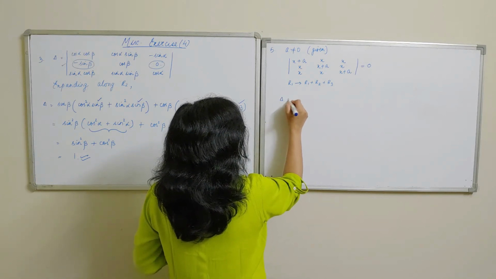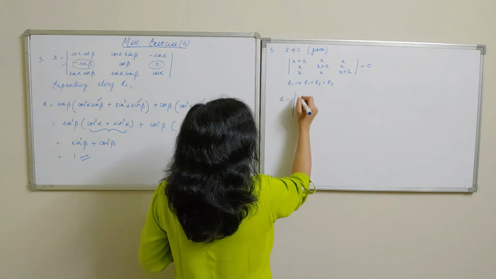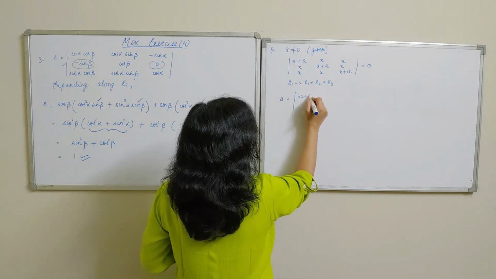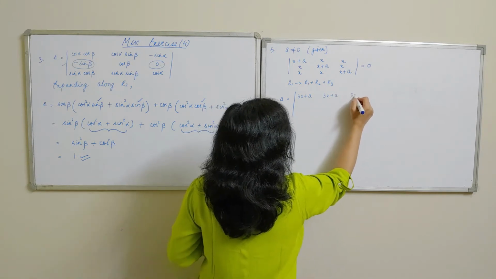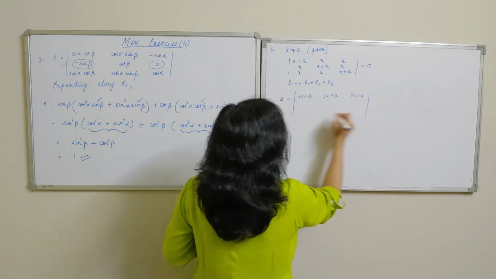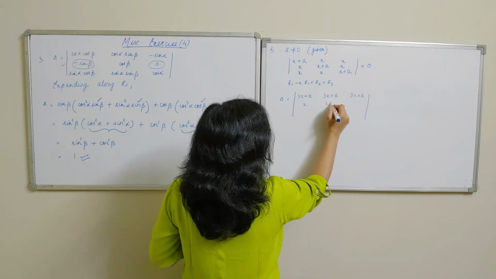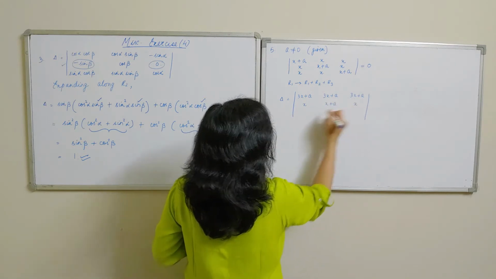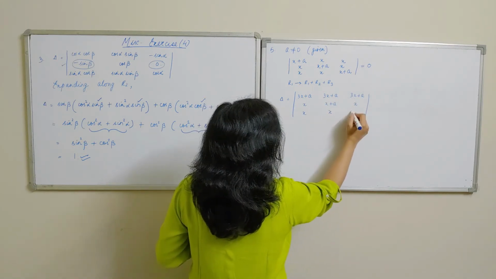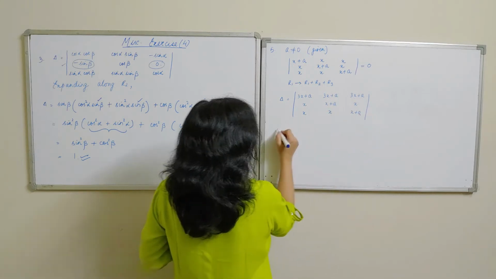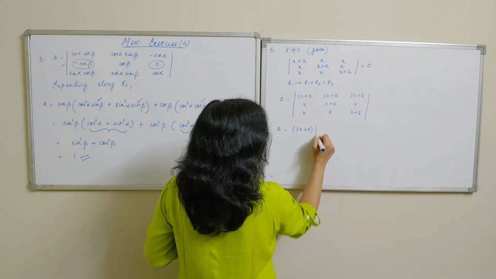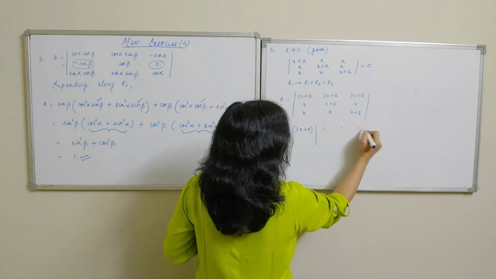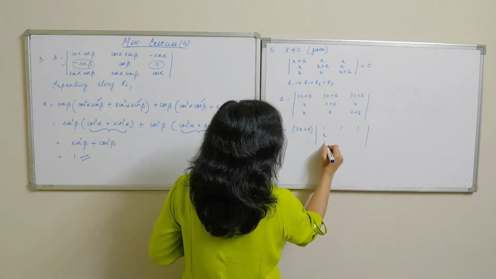So the determinant delta, the first element will be 3x plus a. Here also 3x plus a, 3x plus a. The second and the third row are the same. So taking 3x plus a common from the first row, we have three 1s.